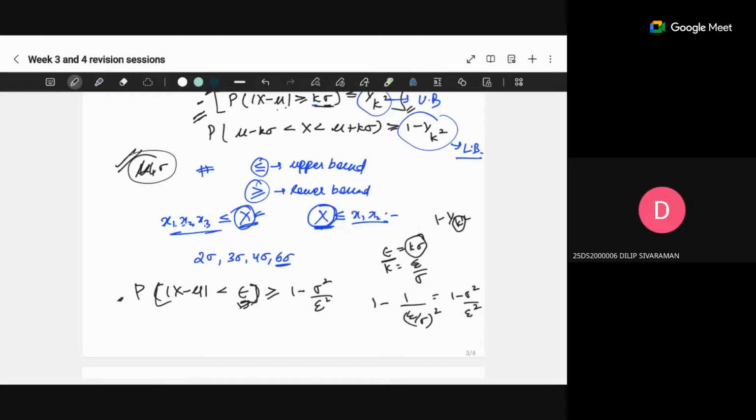Some are just writing it k sigma, some are representing it by epsilon. Epsilon is like a constant term, you can say that. The distance between x and mu is this distance. So we are just representing it by epsilon, just as a way of writing things. That's it. All right, ma'am, thank you.